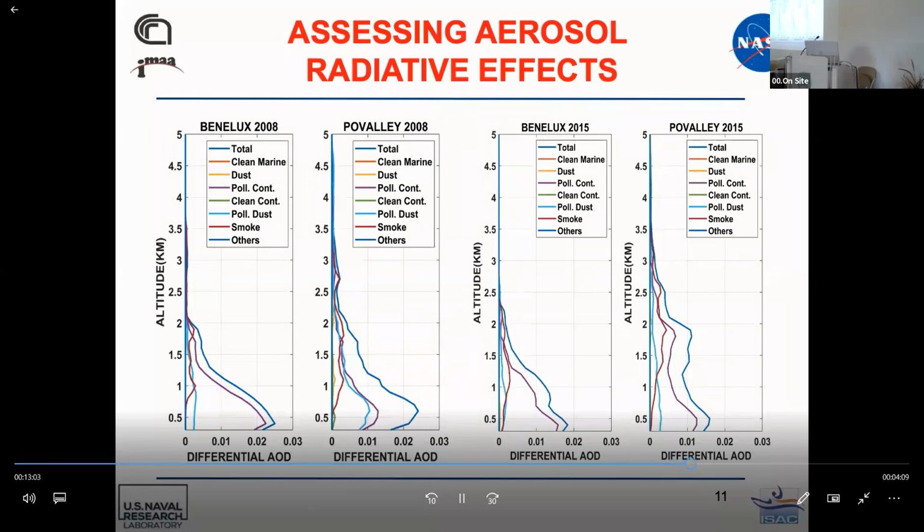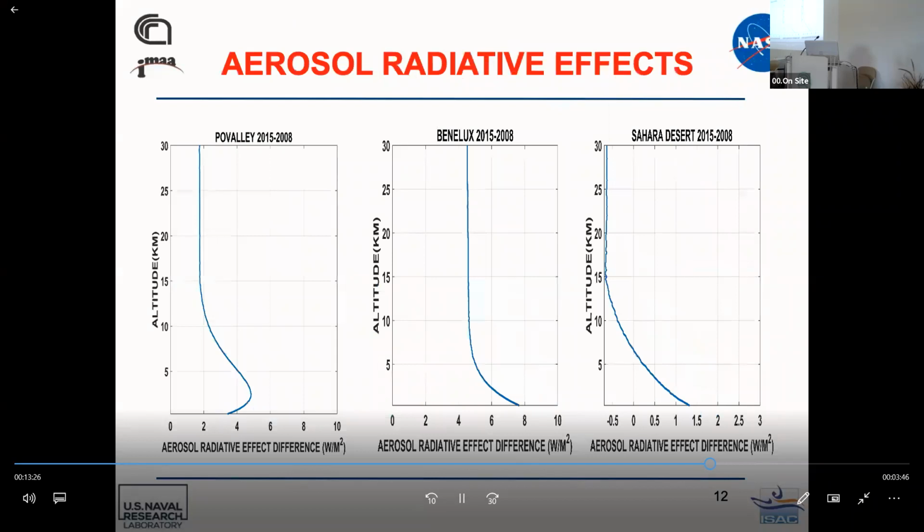We can see that mostly the polluted types labeled by the CALIPSO algorithm, the polluted continental and smoke, are important. We can see there is always a decrease in 2015. And this is the aerosol radiative effect difference. What we get is a sensible difference.